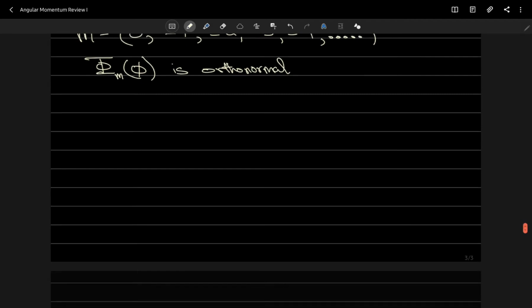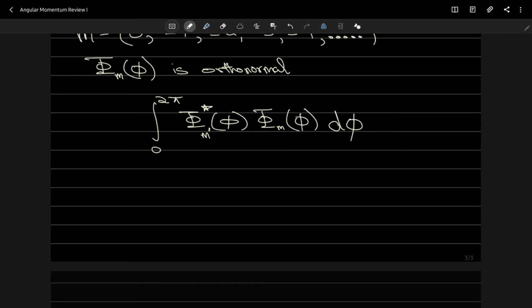Mathematically, that is just to say that if I were to integrate these functions, phi star of phi_m' — it is just some other phi, it is in the dual space. That's why we are taking this conjugate, and if we multiply it with phi of phi and integrate with respect to phi from 0 to 2 pi, it should give you delta m m prime.